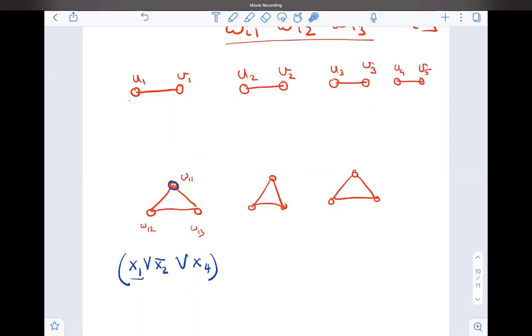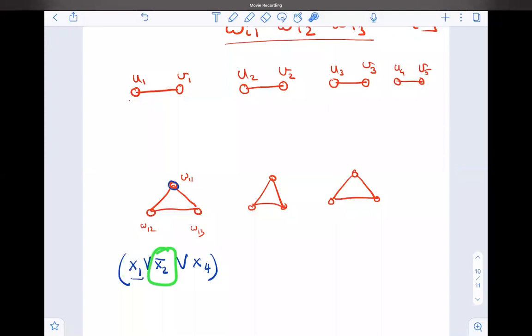Now I will draw edges between this set of vertices and this set of clauses in a clever way. What will I do? First of all, this clause has three vertices, right? This is the first vertex, the second vertex, the third vertex. The first vertex corresponds to the first element of the clause.